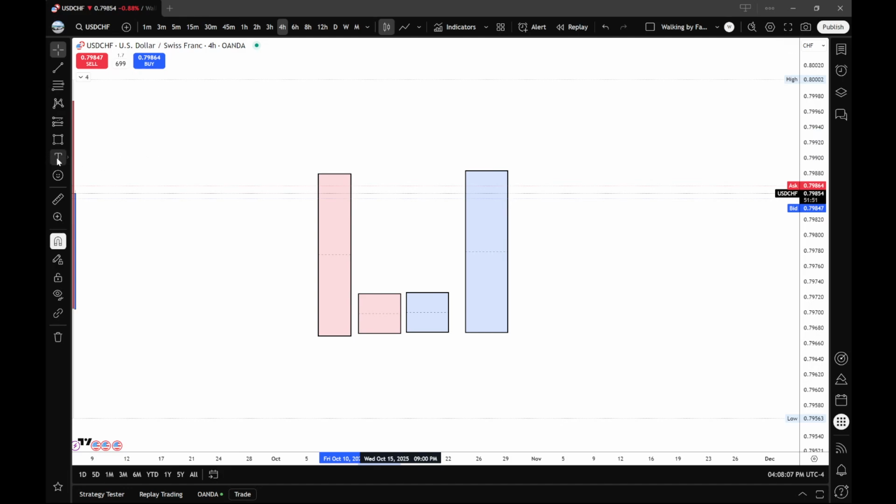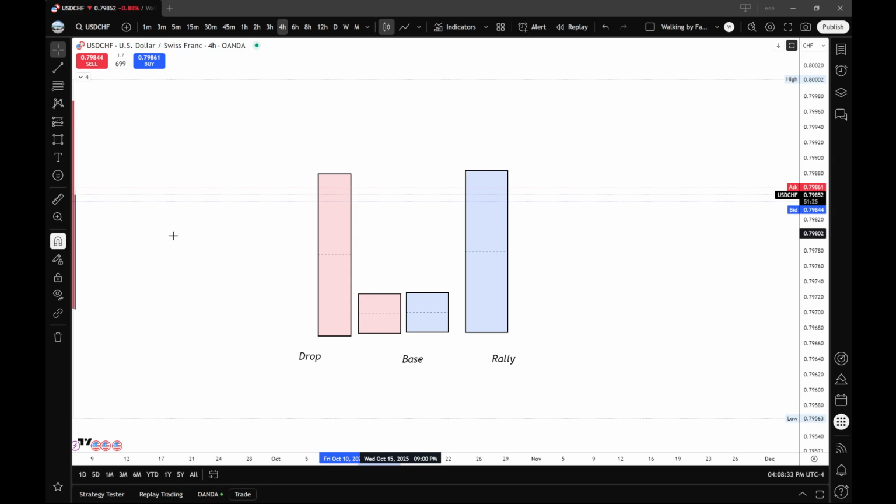So this is the sequence. We have the drop, right? We have the base, which could be one or more, and it could be red or blue. And then we have the rally, right?